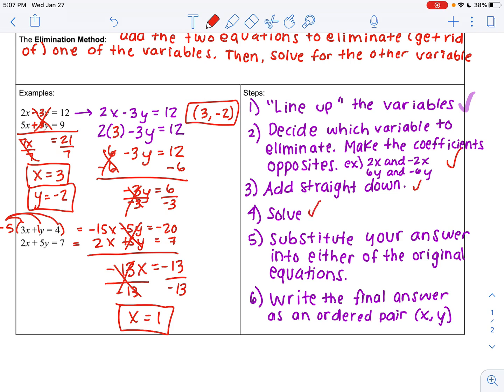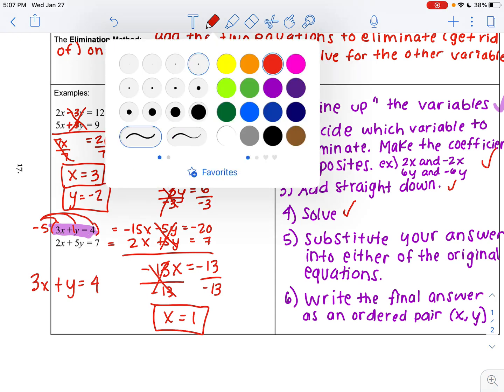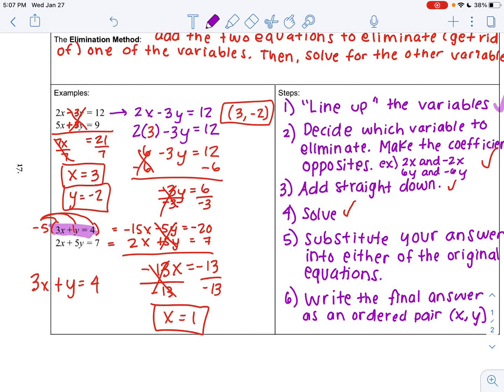Now my step 5 says to substitute my answer into either of the original equations. I'm going to do the top one. So I'm going to say 3x plus y, or 1y, equals 4. And I'm going to substitute 1. I just got 1 for x, right? So 3 times 1, and I'm going to keep everything else the same, plus y equals 4.